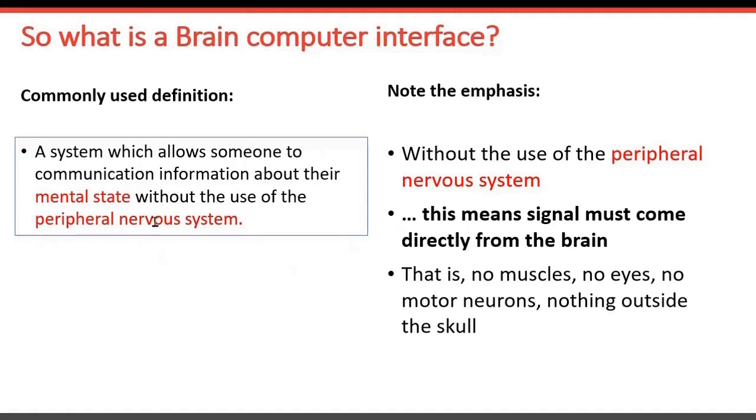Without the use of the peripheral nervous system is one of the important things. The information should come directly from the brain. This means we need to record brain activities only to convert into control. Peripheral nervous system means no muscles, no eyes, no motor neurons, nothing outside the skull.